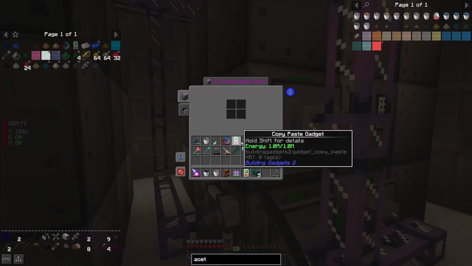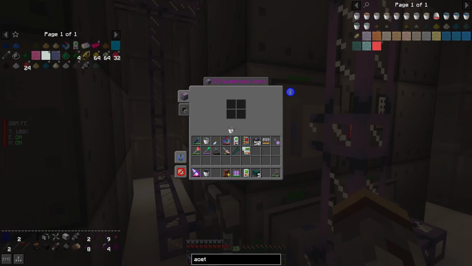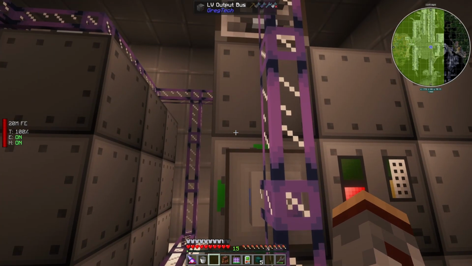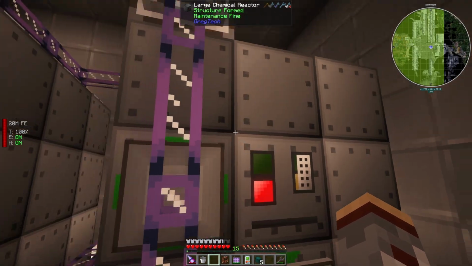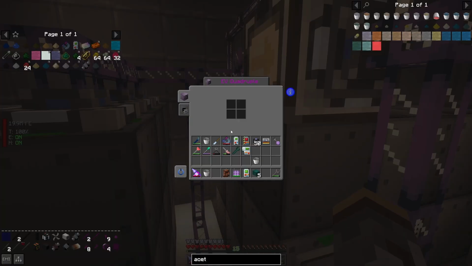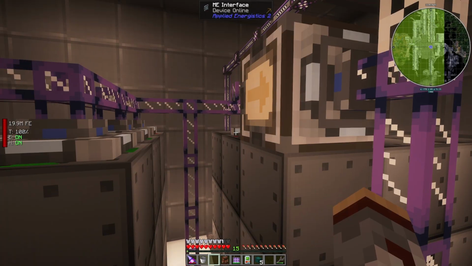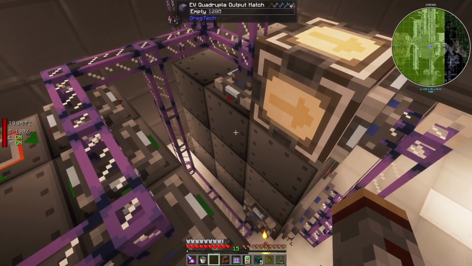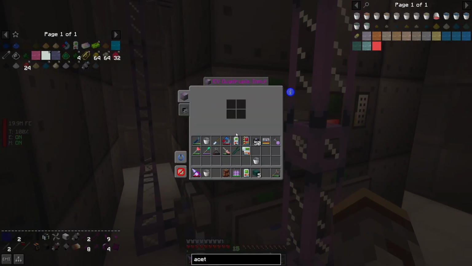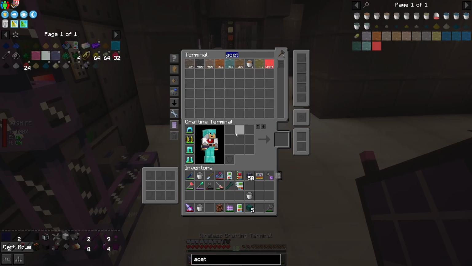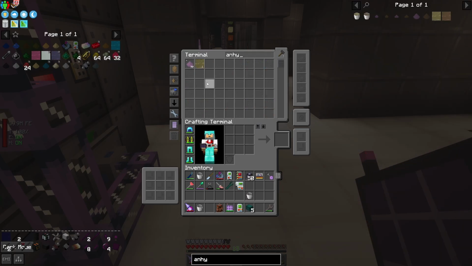Now if I go into here, where's the output hatch? Is that the output hatch? Oh, it's in the... Yeah.